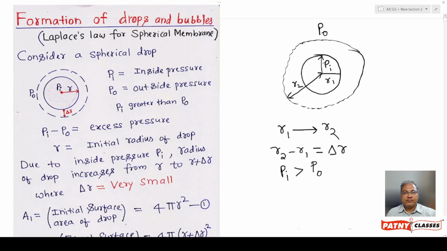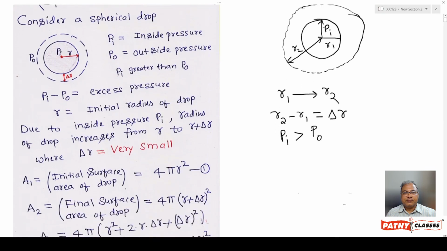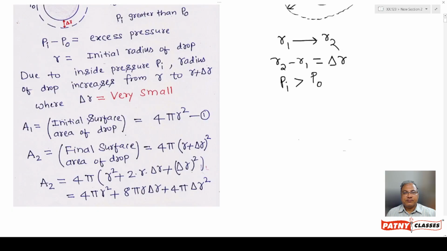Now we need to calculate the two surface areas. The area before expanding, that is A1, and the area after expanding, that is A2. The surface area of the spherical drop is given by 4 pi r square, and the final surface area of the liquid drop is 4 pi R2 square, that is 4 pi into r plus delta r whole square.